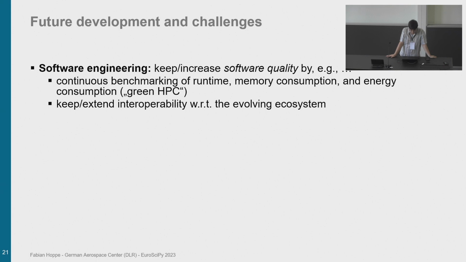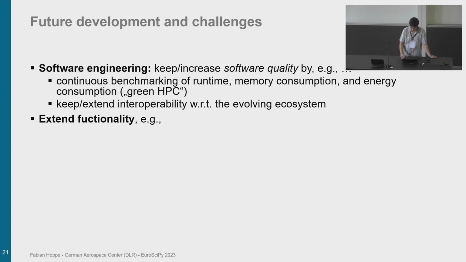Of course, it's also a challenge to keep and extend interoperability with the evolving ecosystem. For example, you have to watch out whether PyTorch makes some essential changes, and also whether interoperability is required with other libraries.